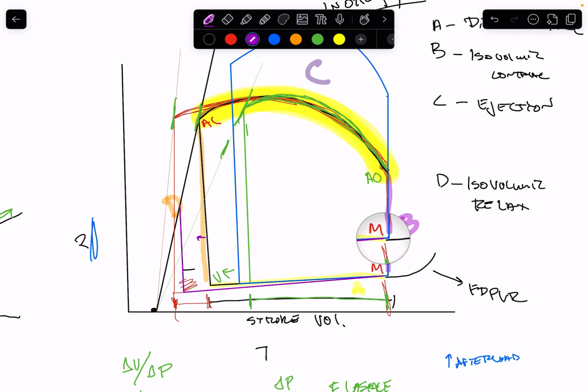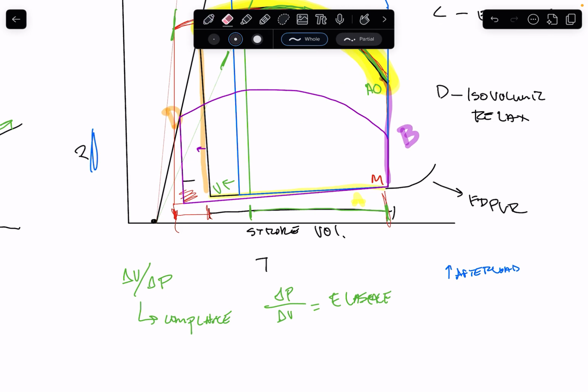It'll look something like this. It's going to follow that same line. We're going to have less pressure because there's not as much pressure required to eject blood from the heart. It's going to look something like that. And so that is a decrease in afterload.